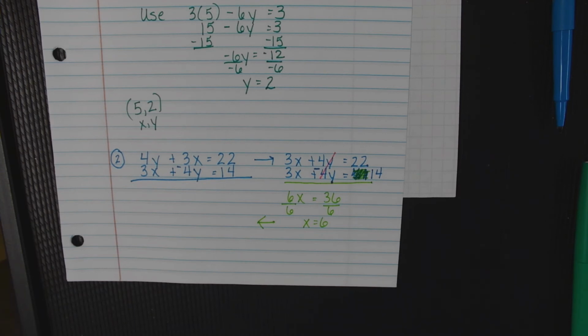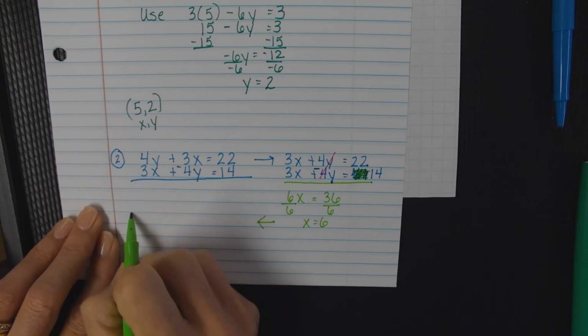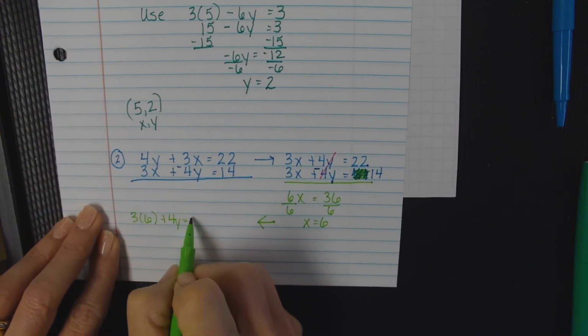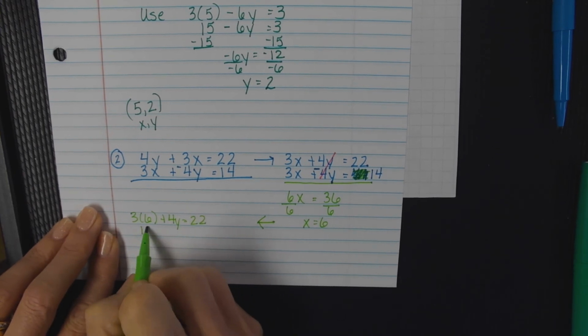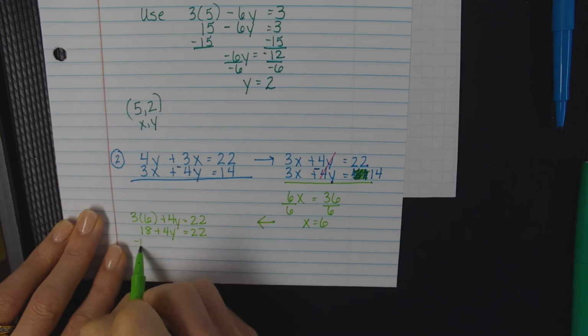What'd you get? I got 1. I got -1. Check your math. 3 times 6 plus... No, you check it. 18 plus 4y equals 22.